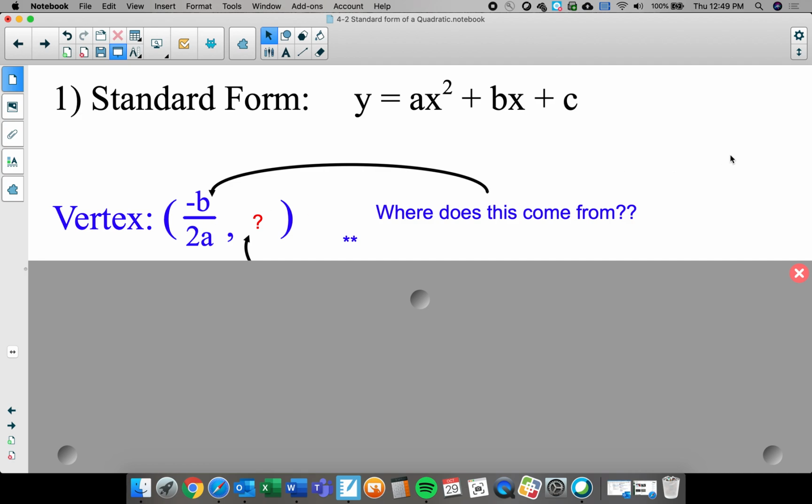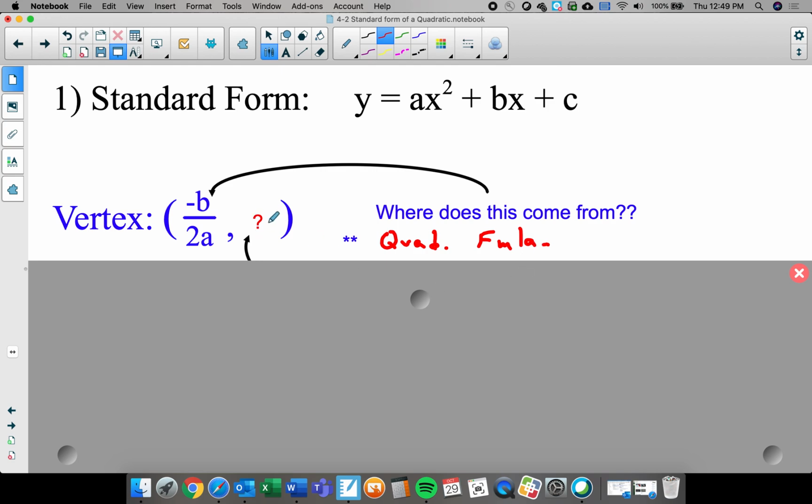And where might you recognize that from? That is coming from the quadratic formula. We'll take a look later at where that comes from specifically.